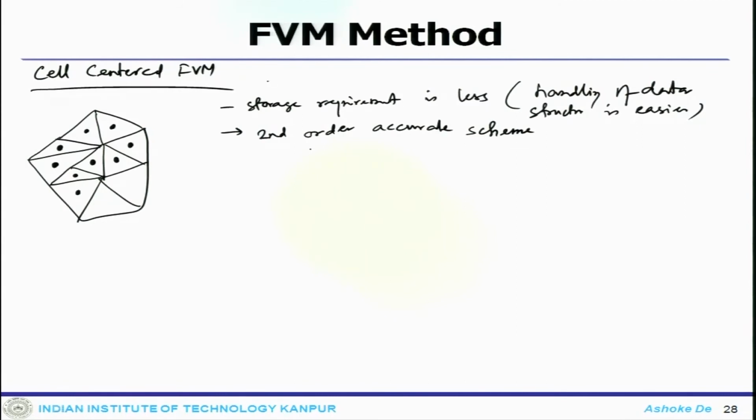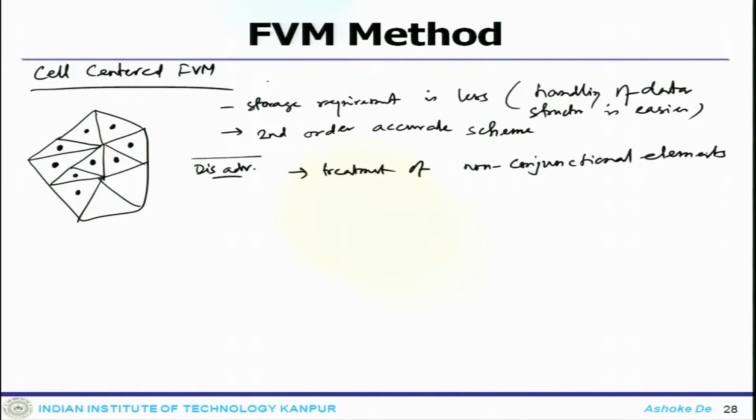But obviously, it does not come with all sort of advantages, some disadvantages are also associated with that. One of the very prominent ones was essentially treatment of non-conjunctional elements. So, that becomes a problem.